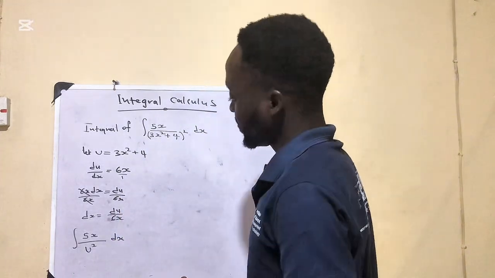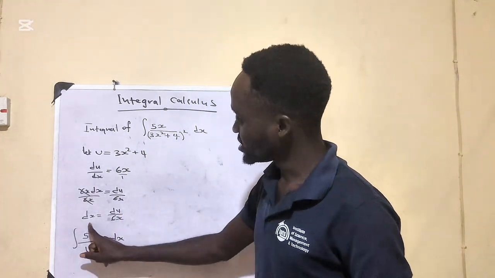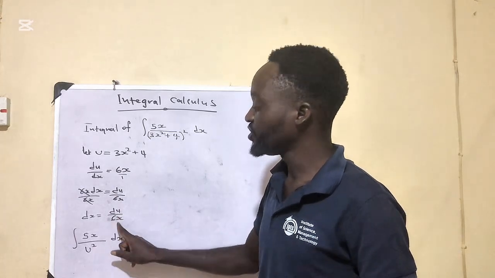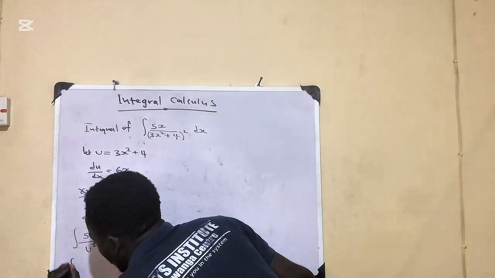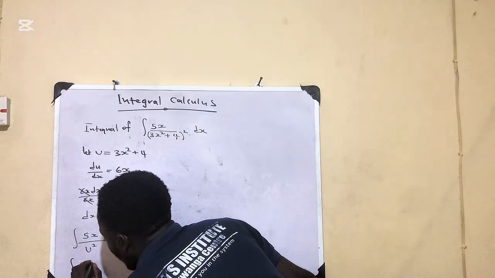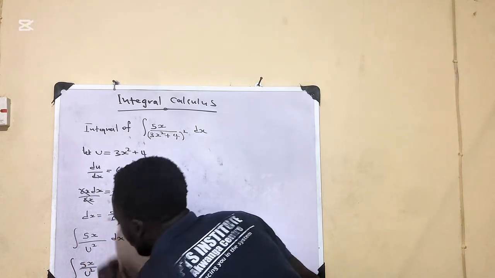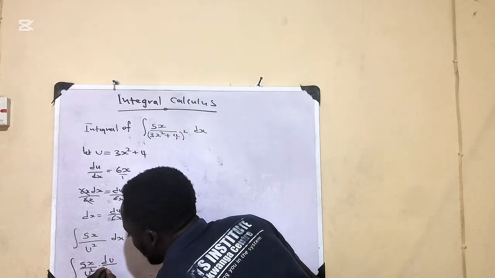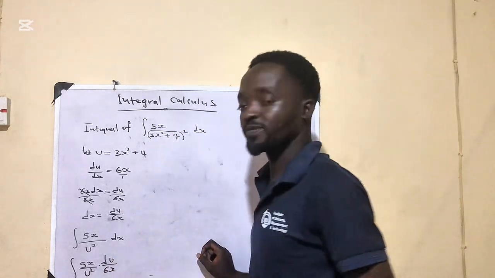Now we say dx is equal to du over 6x, so instead of writing dx, we write du over 6x. That means the integral is going to be 5x over u squared multiplied by du over 6x.